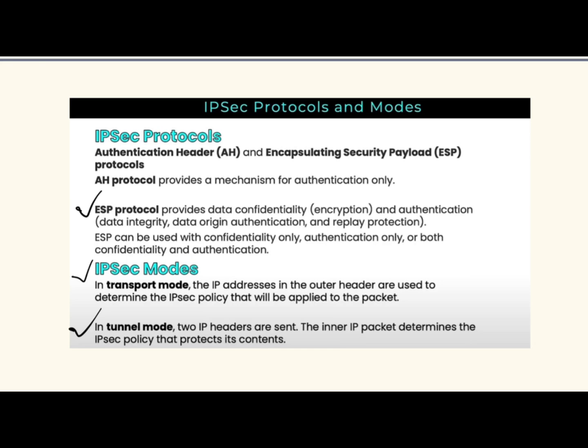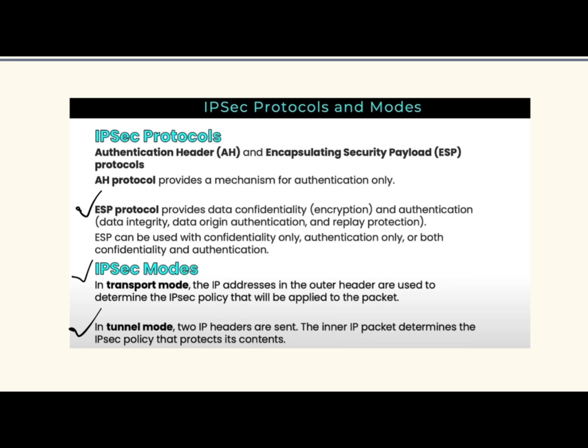So now the question may pop up in your mind: when to use IPsec protocols, AH versus ESP. As we have discussed, Authentication Header, AH, is used for integrity only. We use AH only where we need to verify the identity and integrity of the data, but no encryption is required.